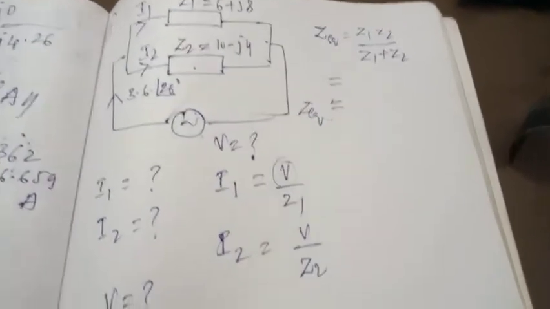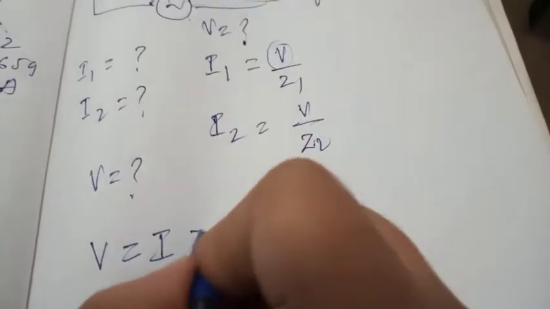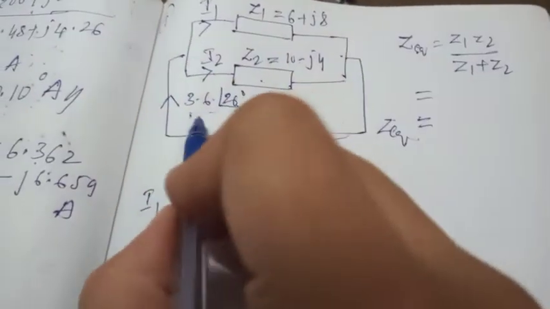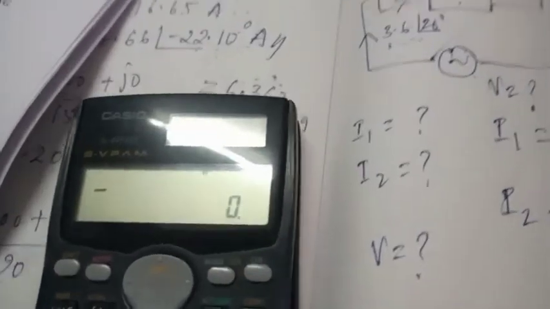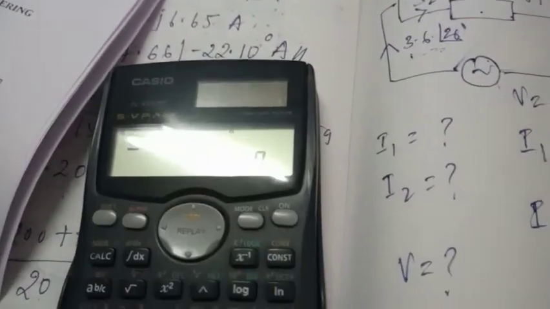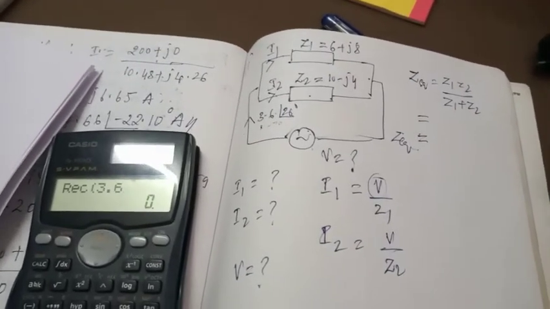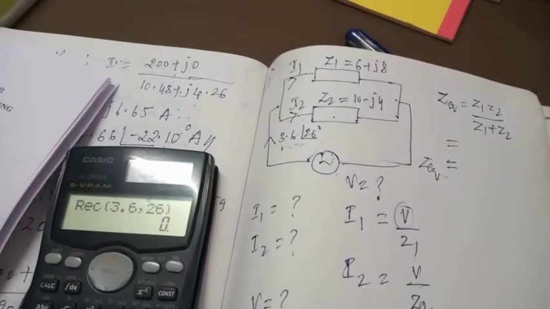To calculate V I have the equation V is equal to IZ. They have given I value 3.6 at an angle of 26 degrees. So you convert that into rectangular form. Shift rectangular form of 3.6 comma 26 degrees.